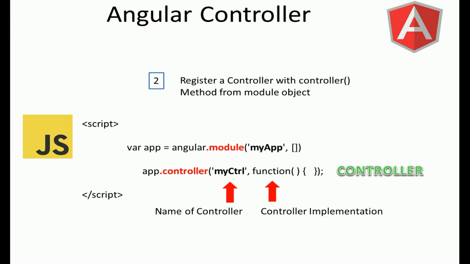In summary, the angular.module function creates a module and returns a module object. This module object has a function called controller that allows us to register a controller, which we have now done. What time is it? It's time to build our model.